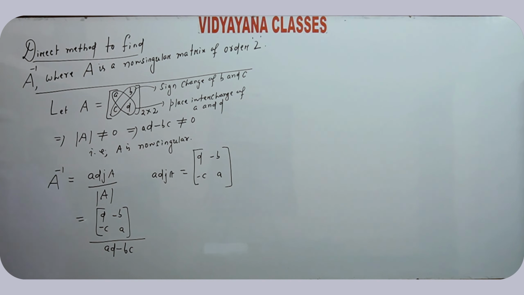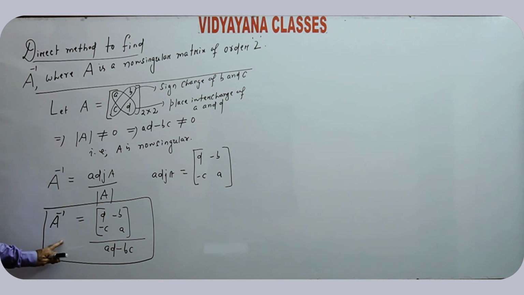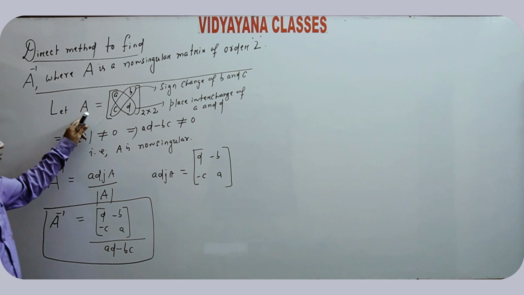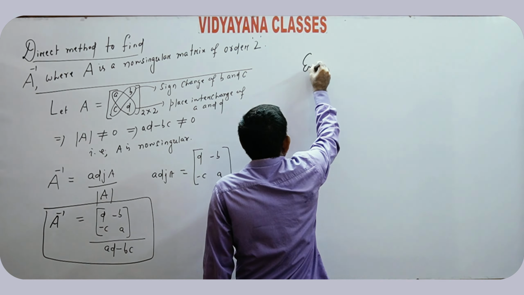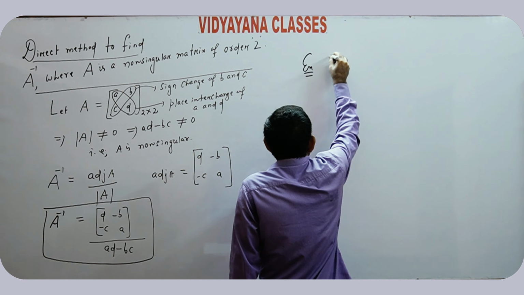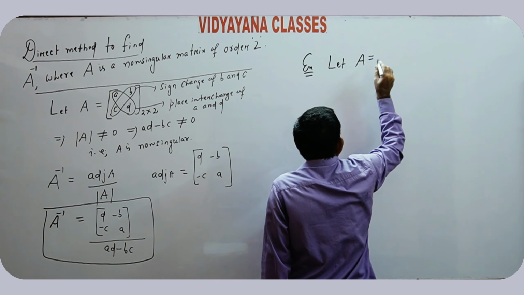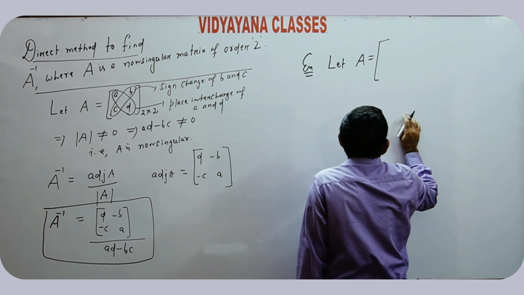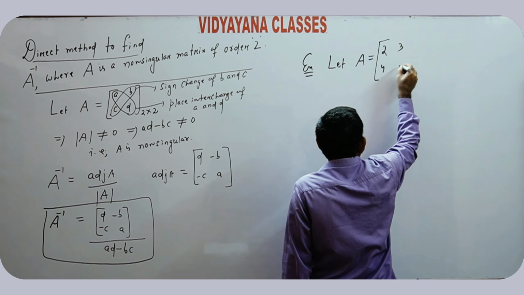So it is the direct method to find the inverse of capital A, where capital A is a non-singular matrix. That means determinant of A not equal to 0. Example, let capital A be a matrix of order 2 having elements 2, 3, 4, 5.